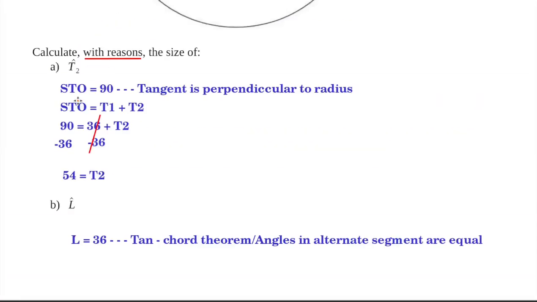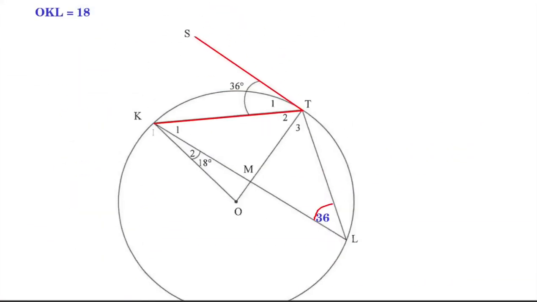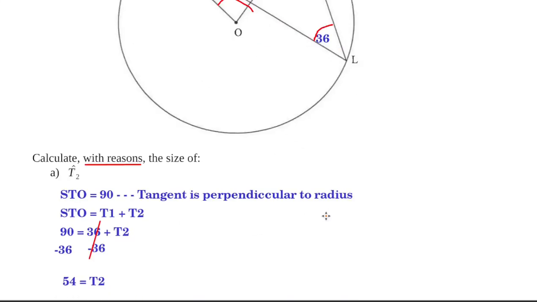KOT. How do we find KOT? Where is KOT? It's that angle there, this one. This angle here is the angle at the center, and this is the angle at the circumference. So we've learned a theorem that says the angle at the center is twice the angle at the circumference.